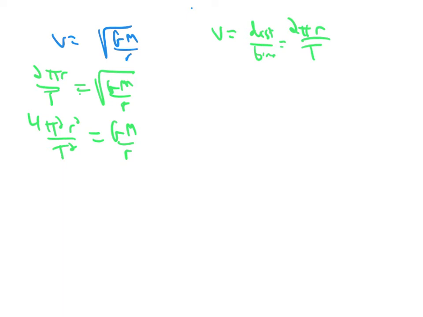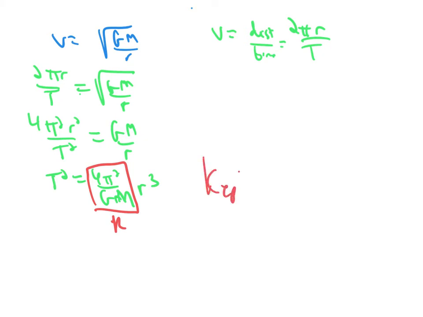And then cross multiply, and I get that T squared is 4 pi squared over GM times r cubed. And we see that that is in fact some constant times r cubed. So this is Kepler's third.